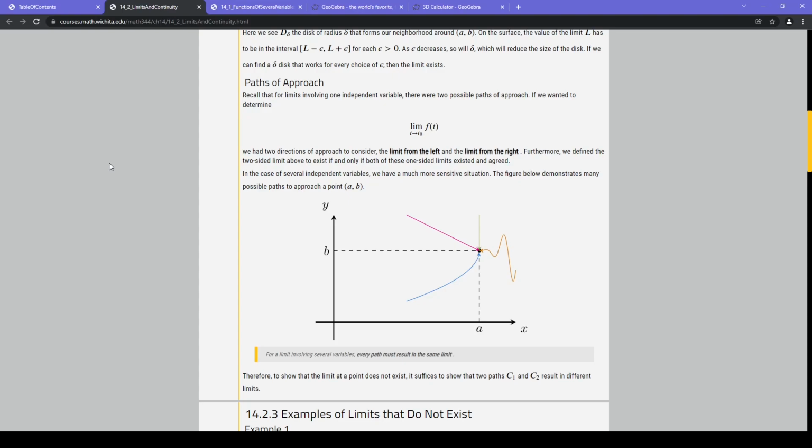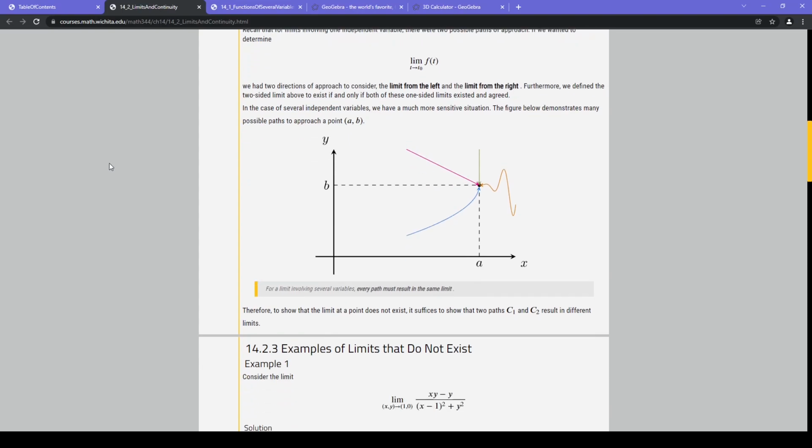So it's very easy for me to exhaustively check all possible directions. I add one dimension, suddenly it's impossible. Right? So what we have to do is be a little bit more careful about things.